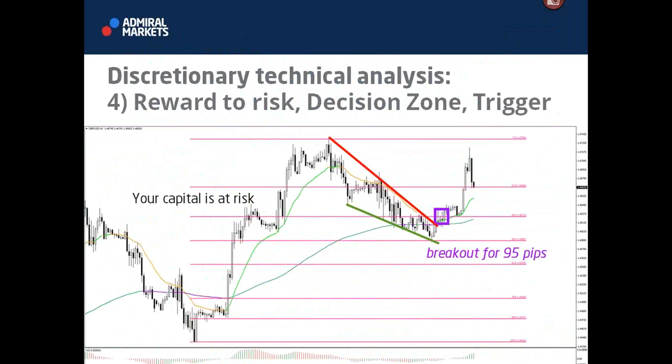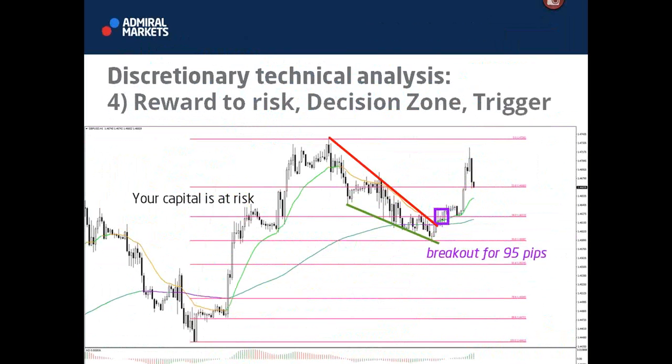Last but not least, when a chart looks good to trade, I'll be analyzing which levels, which decision zones do I need price to get to before I'm interested in trading? And if price gets to my decision zone, what kind of trigger am I looking for? What will make me basically take that trade? So for instance, if the euro dollar is at 112 and I analyze the charts and I say I need price to get to 111 or to 114, then those are my decision zones.